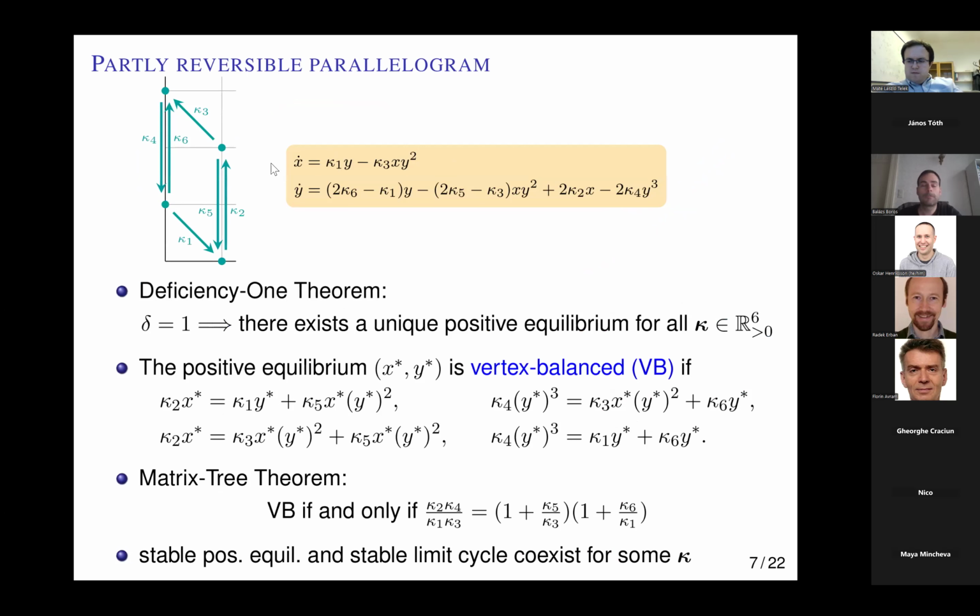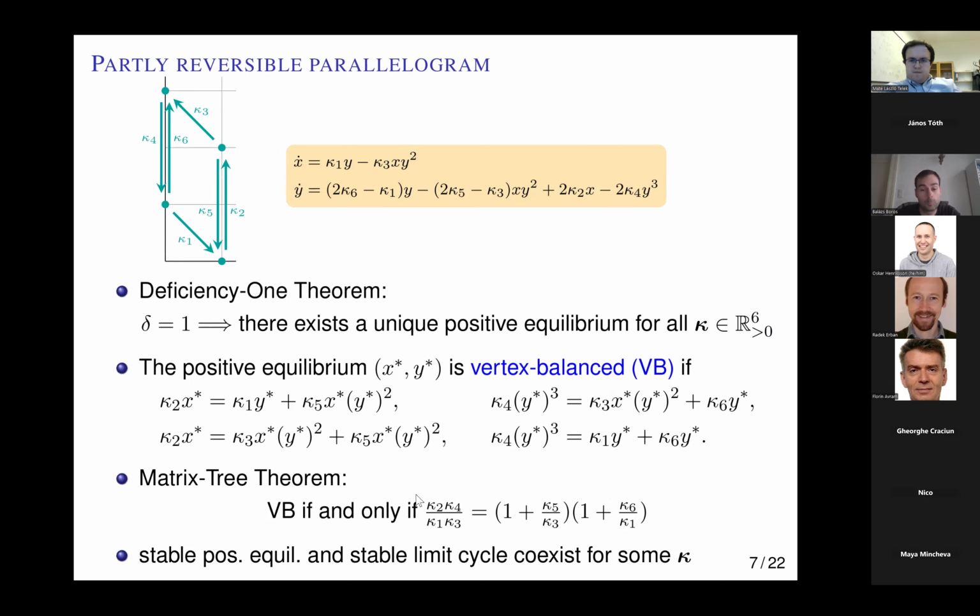Next example is the partly reversible parallelogram, which is again a network that falls under the scope of the deficiency one theorem. As a consequence, again, we know there is a unique positive equilibrium for all rate constants. We can talk about vertex balancing. And again, we find the analogous thing, the same formula in fact, for vertex balancing.